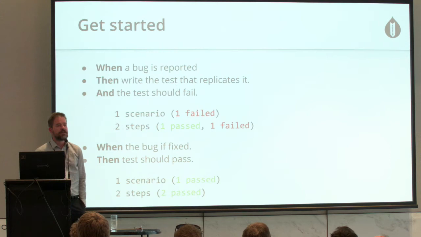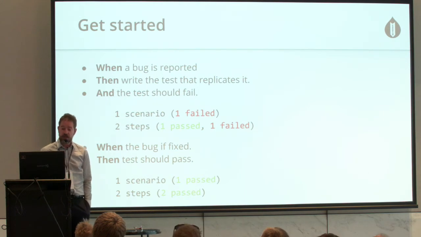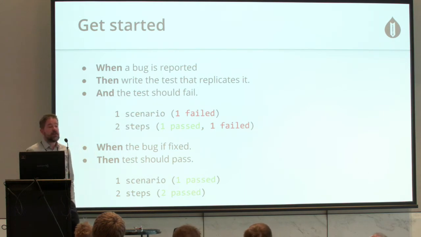It looks a lot like test-driven development, that's where that comes from. You fix the bug, then the test should pass. That's your first test done. If you keep doing that for every bug, pretty soon you have a fairly comprehensive test suite. An easy way to get your company doing Behat.